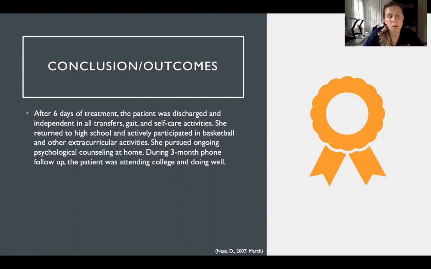So overall, with this one case scenario, she had her specific signs and symptoms that she experienced, but not every patient is the same, like I said before. I think it's really a group of people focusing on what's really wrong with the patient. So whether it be speech, if they're having trouble swallowing or anything like that, or occupational therapy, getting them accustomed back to activities of daily living, stuff like that.